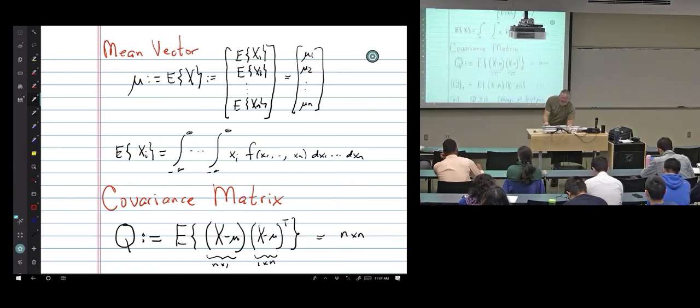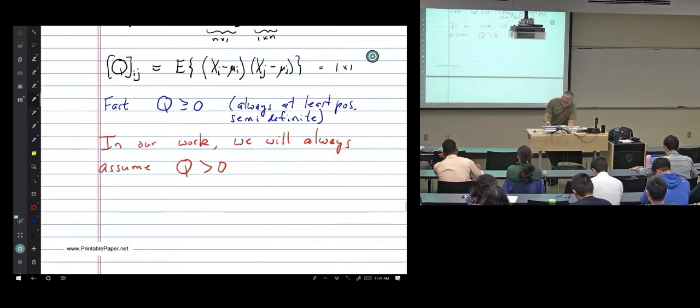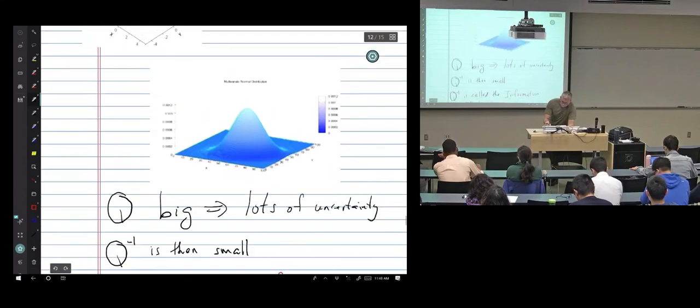That one makes sense. And the covariance matrix, which gives us much more information than just the variance, because each component of the matrix is how xi about its mean is related to xj about its mean. If we have to compute that with integrals, we're going to be in big trouble.